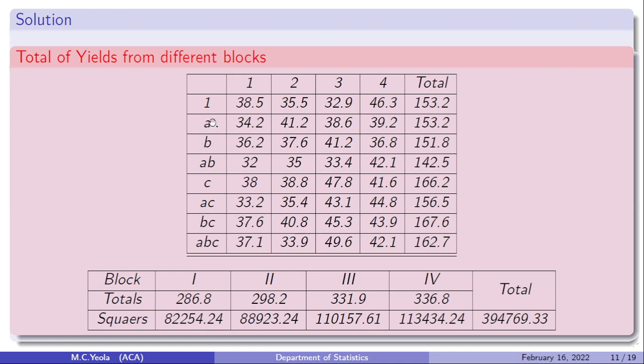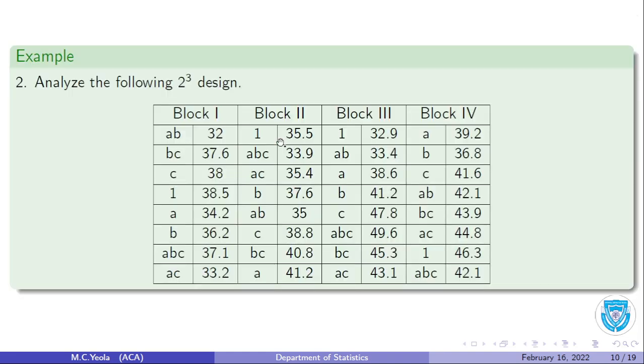The totals I have written in the same manner, and same I have pasted over there to get the Yates table. Totals we are obtaining first here, total yields from all the different blocks. See here in block number 1 related to 1, what is the value that we will see here? In block number 1 related to 1, we are having 38.5.